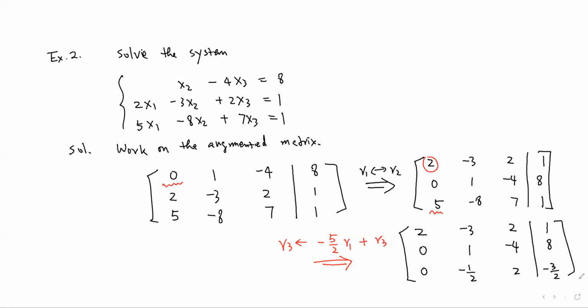This matrix is not in upper triangular form yet. Continue the elimination. Next, I use this number to eliminate this number. The operation is 1/2 times row 2 plus row 3.